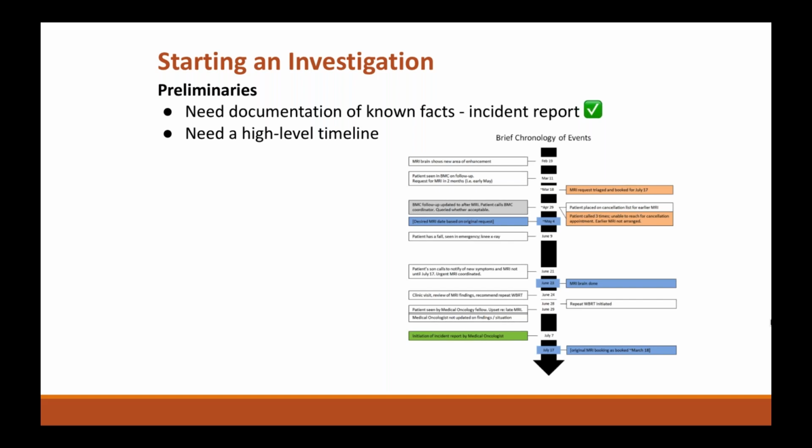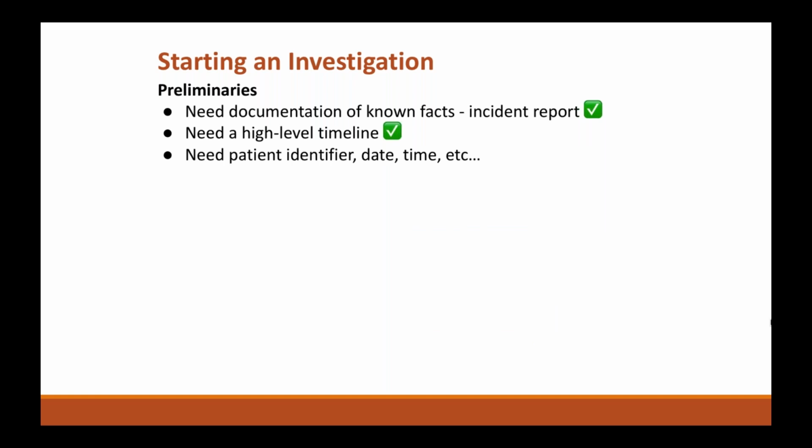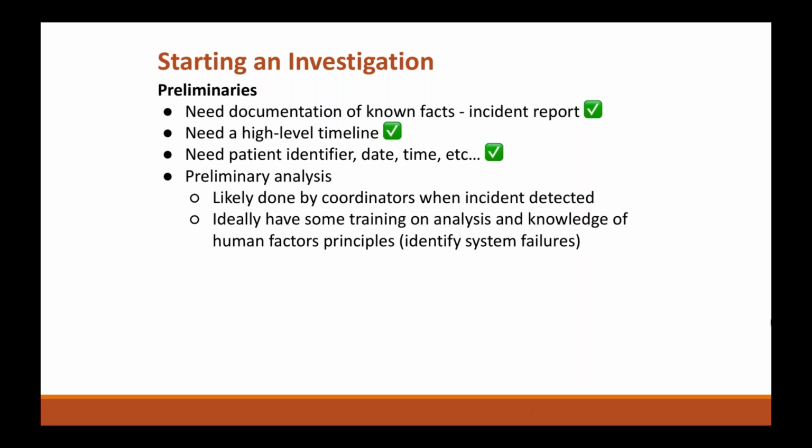So it details what happened when, with exact dates and with exact details of what went on. Okay, we need a patient identifier, we need dates, times, etc. And these we will get from the electronic medical record or elsewhere, any other documentation that we might have. And we need to have a preliminary analysis.